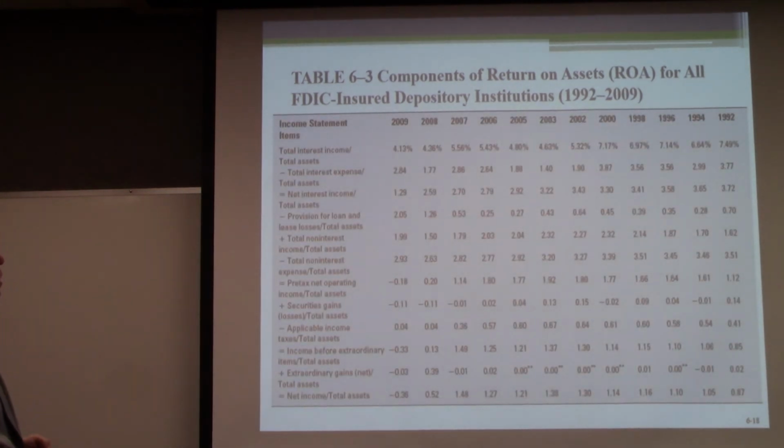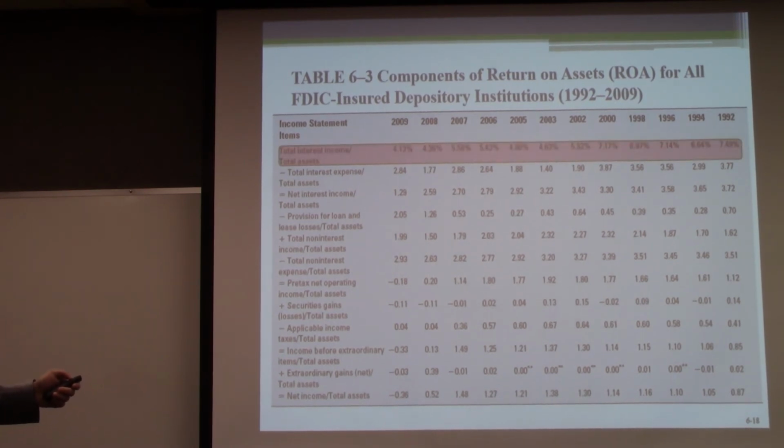All right, return on assets, same period of time. So we have total interest income divided by total assets. In most periods, this number here shows what we generate, but it doesn't show the expense. You can see that it's typically between 5 and 7% there.